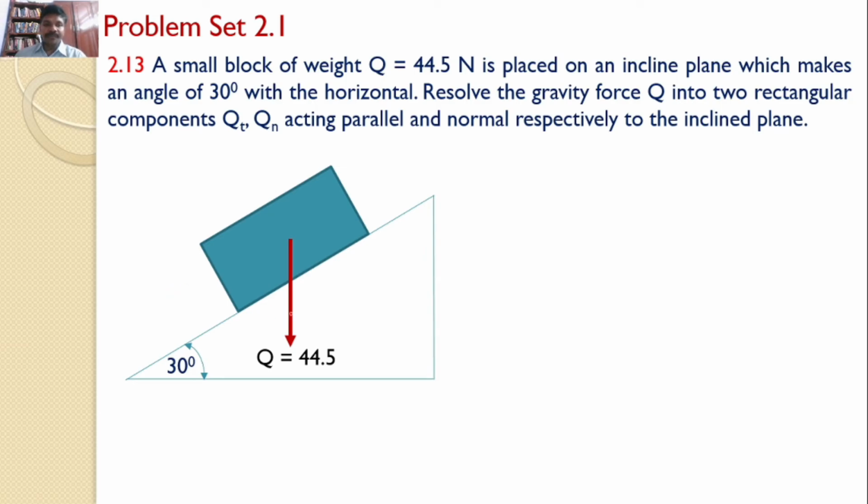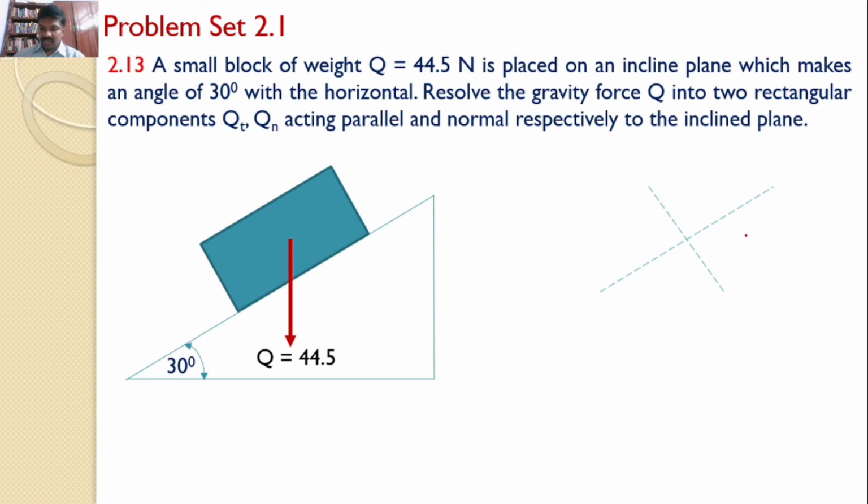So in this problem, the weight Q is acting in the downward direction. Let us draw our x and y axis. One axis is parallel to this inclined plane, so I am transferring that onto a separate place, and perpendicular to that plane, I am transferring to some space.